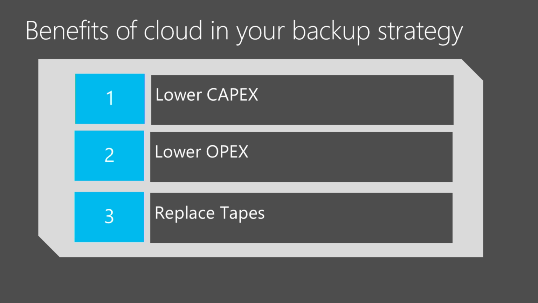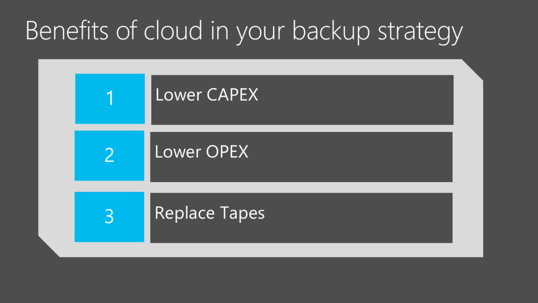And also the operational expenditure: you need to have the backup admins and you need to manage across this. Your management TCO is very high with the current solutions. So by leveraging cloud, you can lower your operational expenditure. And replacing the tapes is one of the great use cases, because anytime I talk to enterprises, they say, I have the data on tapes, but whenever I try to restore it, either the restores don't work or the tape doesn't have the data, so you need to send it back, and it takes time.